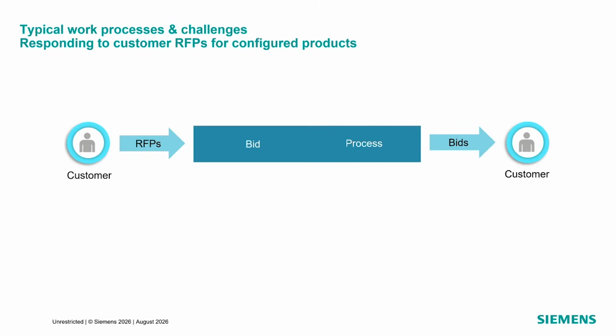So in the RFP process, which is the request for proposal in the bidding process, engineering can really become the constraint on sales responsiveness. So in this scenario, a customer, for example, submits an RFP. Before sales can return a credible bid, a credible quote, to the customer, engineering may need to interpret some requirements.